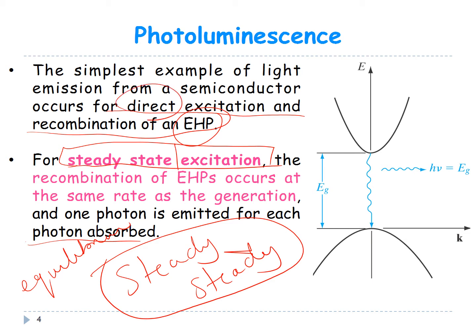Direct simply because the semiconductor is a direct gap semiconductor. Remember, if you plot your valence band and conduction band in K space, if the conduction band minimum and the valence band maximum are at the same K value, we say that the semiconductor is a direct gap semiconductor.